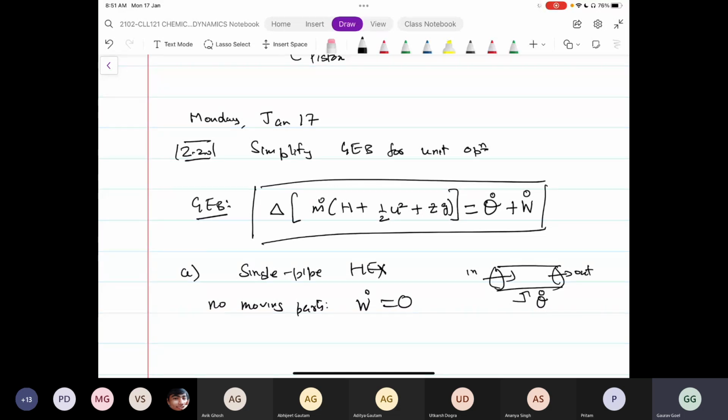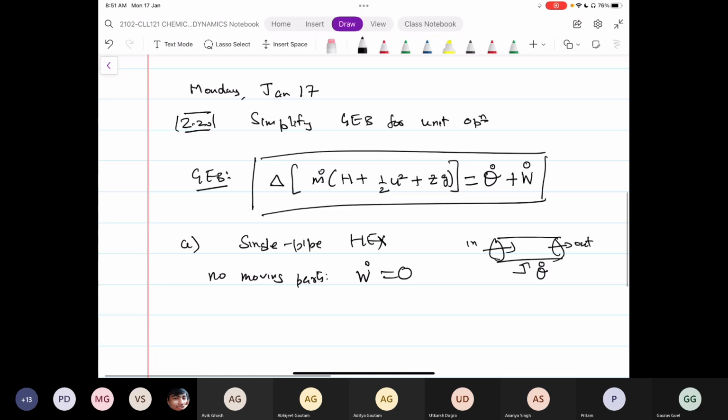There are no moving parts in the system, so the shaft work component is 0. Many times you will be able to ignore the potential energy change as well as the internal energy change. Again, that will depend on the details. You have to typically first calculate and then show this is negligible. Sometimes you'll see indeed it is negligible.